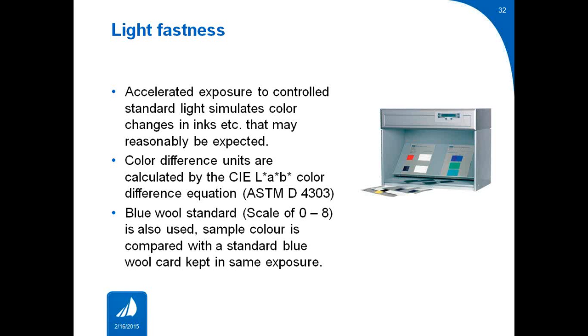So you continuously give that radiation and try to see how the color, or the ink, or the pigment is changing. There is a standard called L*a*b* defined by CIE. The variation in this L*a*b* is an indicator of how the color has changed.